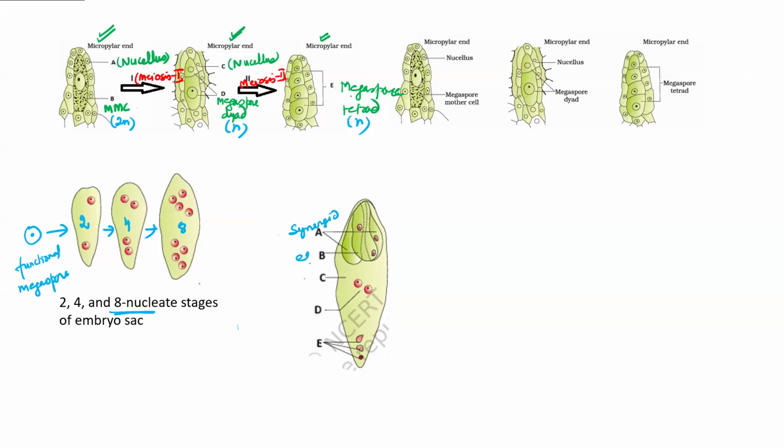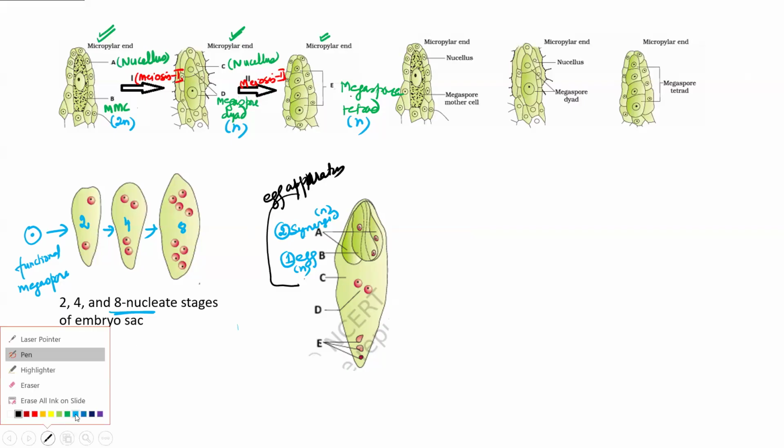This is the egg cell. The ploidy of every cell is haploid. How many synergids are there? Two. The egg is only one. Together, this structure is known as the egg apparatus. Clear?